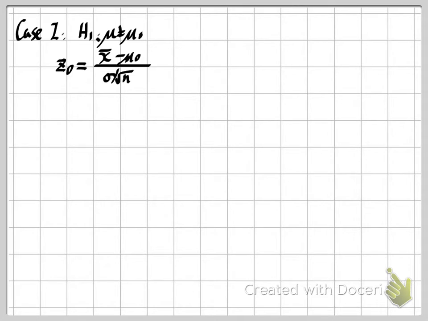For a standard normal distribution, we know this is symmetric with respect to the zero value. So here, for example, if this is 0 for our z, then the z0 we compute here gives us two possible cases.